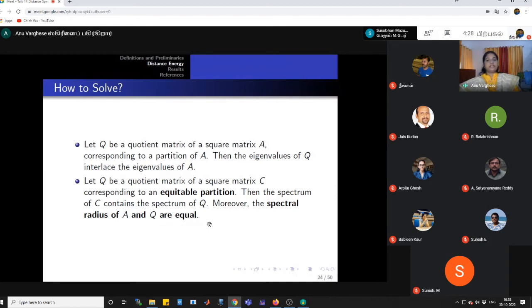If the partition is equitable, the spectral radius of A is the same. This is the advantage of an equitable partition and forming the quotient matrix.